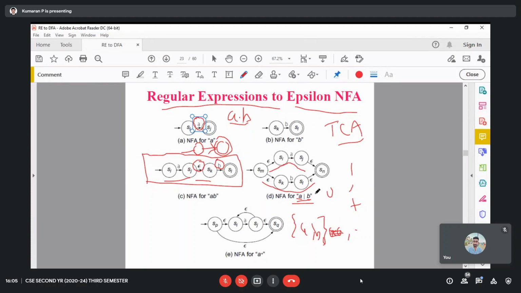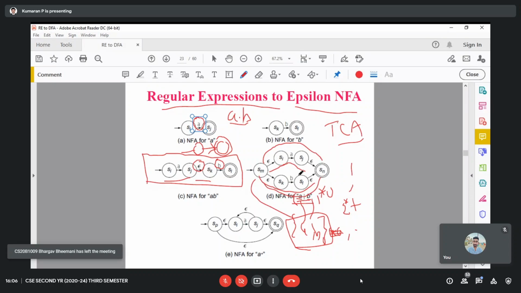Why not two times a? Because only if it is a closure do we get all possible combinations, sigma star. Here we have only two options: either I take a or I take b. So these are the only strings belonging to the language. From a state I can take a, I will go like this. From a state I can take b, I will go like this.